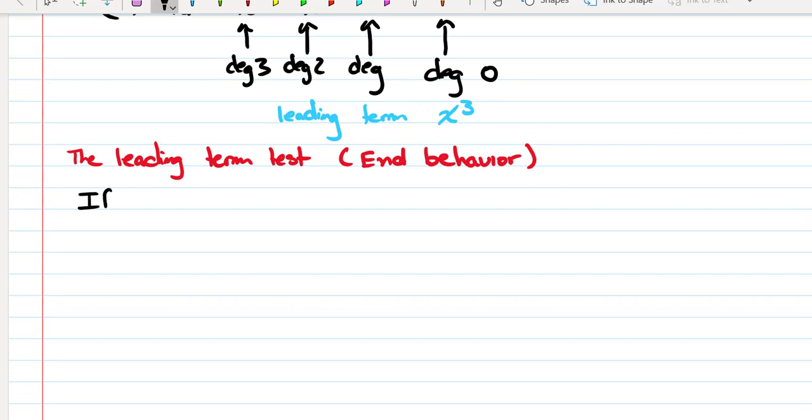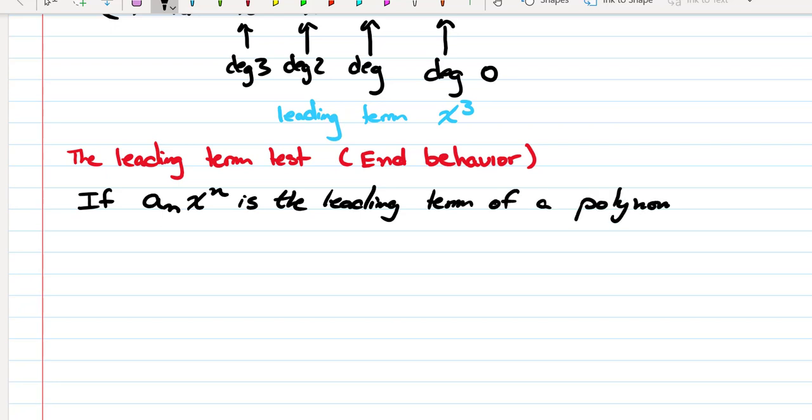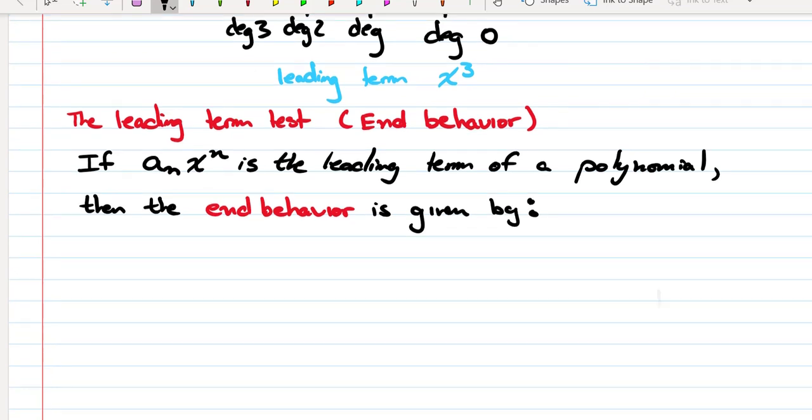If a sub n x to the n is the leading term of a polynomial, then the end behavior is given by the following.